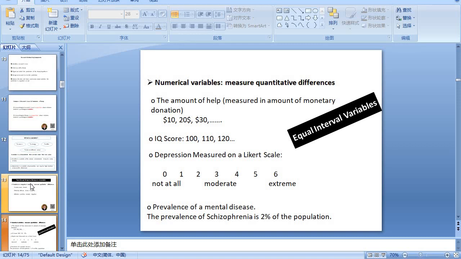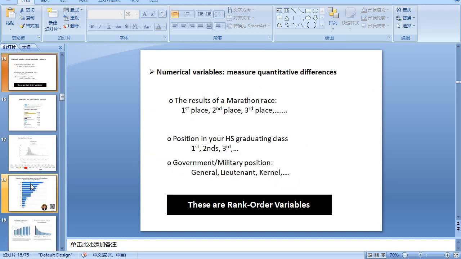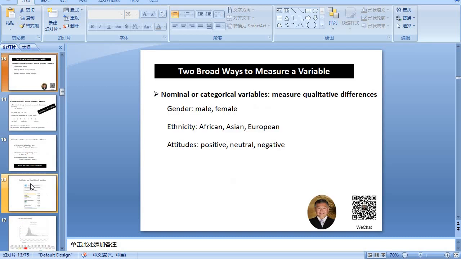The prevalence of mental disease can also be measured as a numerical variable. For example, we can measure what percentage of people suffer from depression, what percentage of the population suffer from anxiety disorders, say what percentage of people suffer from schizophrenia in a particular country or in a particular community. These are numbers. These are numerical variables.